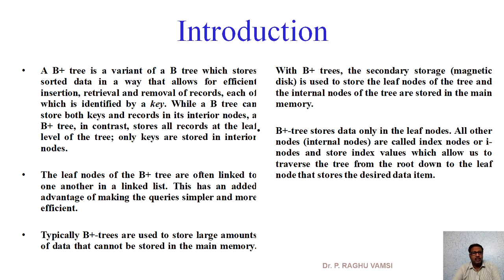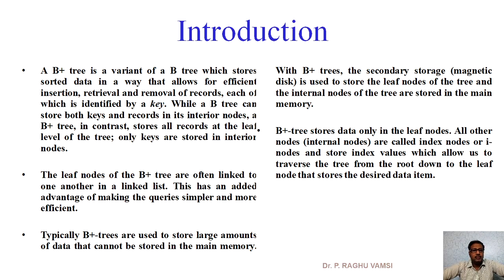Based upon the order of the tree, the elements to be stored will depend. At the same time, the number of descendants will also depend on the tree's order. Based upon this order, the height of the tree will be maintained, and the depth can also be calculated and regulated. Based upon the height and depth, the access time depends.